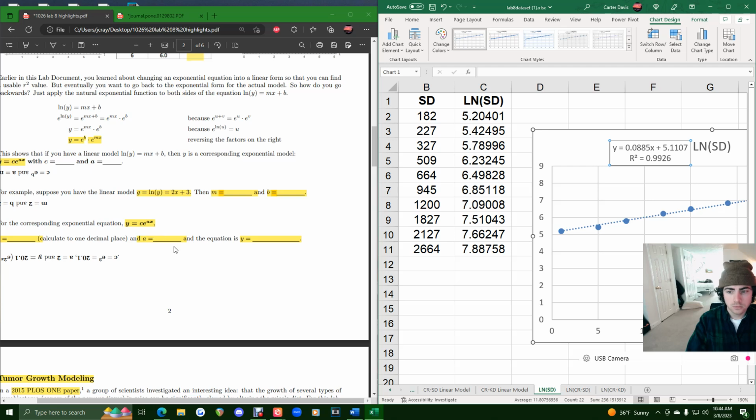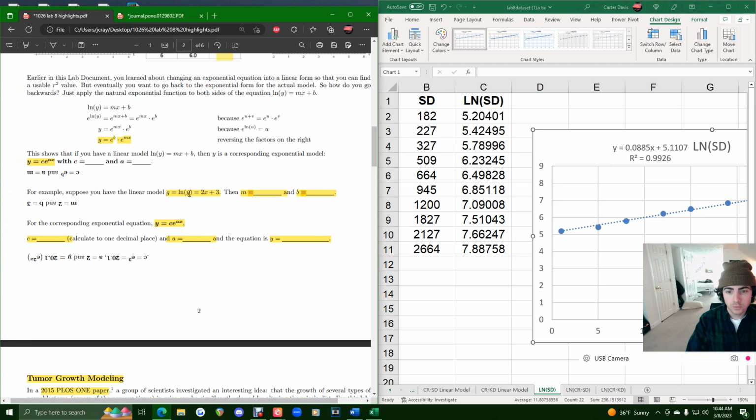We're going to convert this equation that looks like this back into an exponential model using a little guide here. I didn't write it out, so it's a little tricky, but we're going to use this as the starting point, right? Because 2x plus 3, that's like mx plus b, that's what we're starting with, and we're converting it into this equation that is upside down.